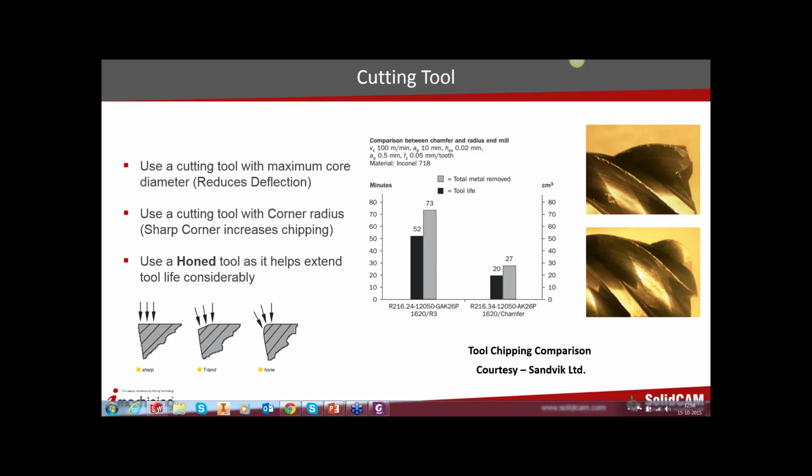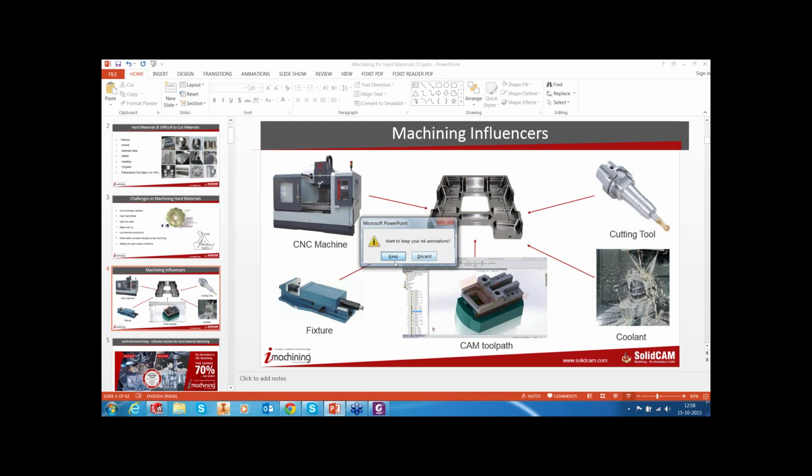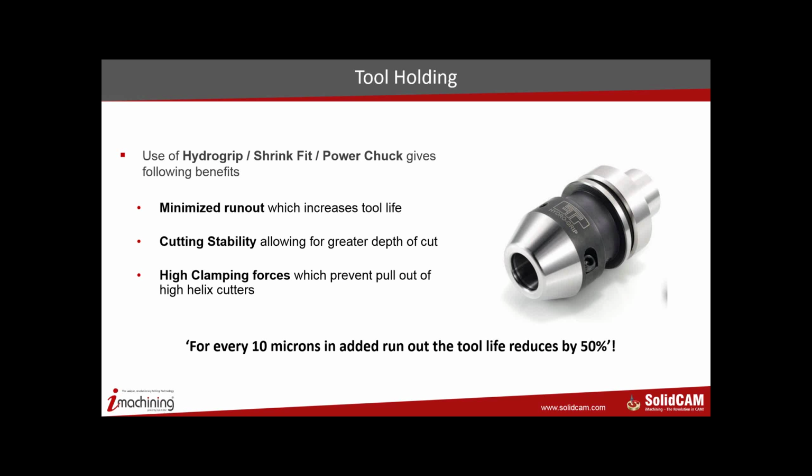Right. After the cutting tool, we come to the tool holding. You must use either hydro grip or shrink fit or power chuck, because all of these three mechanisms minimize the runout.